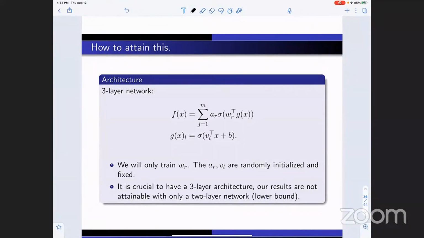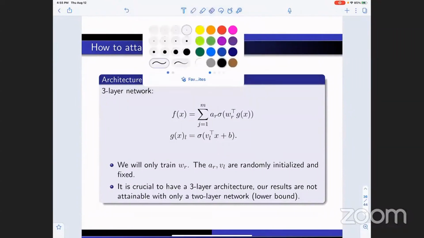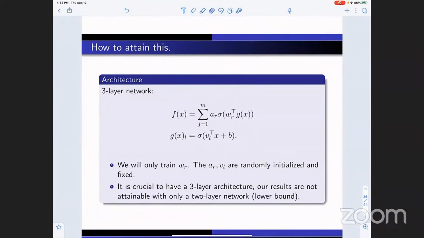So that's for tensor decomposition or tensor completion. Our problem, very, very loosely, is kind of like tensor sensing. And that's kind of what's happening under the hood, is that we're going to use a 3-layer network that's implicitly doing a form of matricization. At least in the proof, we're using matricization. So we will only train WR, and we'll fix the ARs, A's and B's at random initialization.